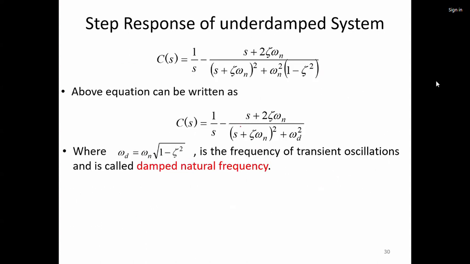Now you rewrite this as 1 over S minus S plus 2 j omega n, then S plus j omega n whole square, plus this term, which we are now calling the damped natural frequency of the system. If you remember, in the very first slide, when I talked about the second order system, I talked about the damped natural frequency.